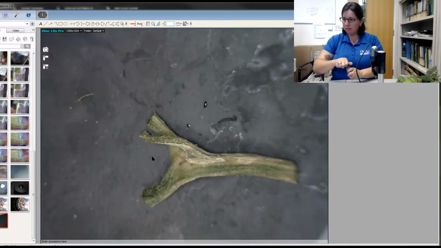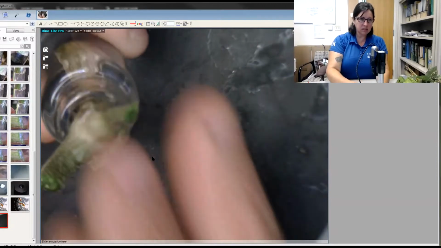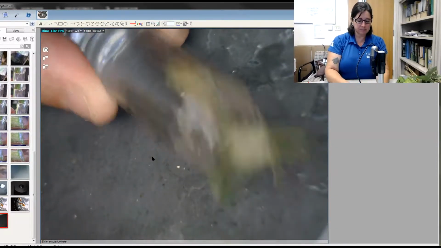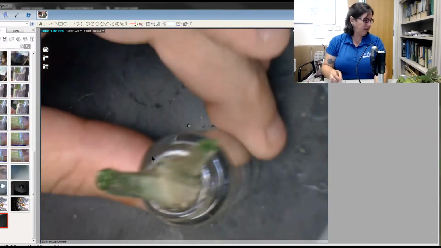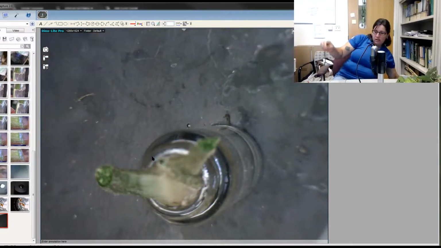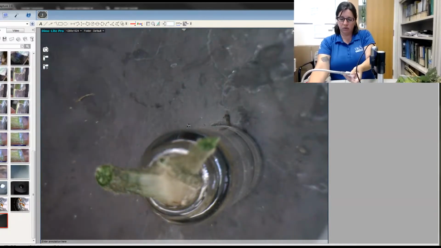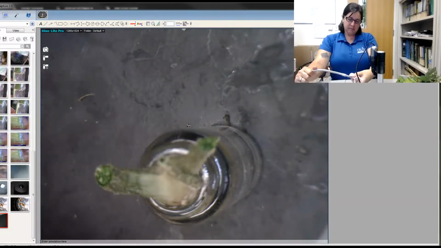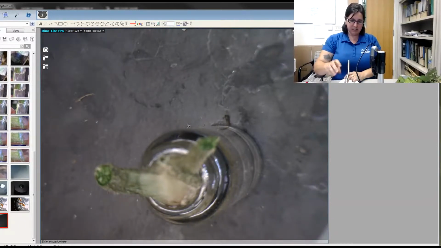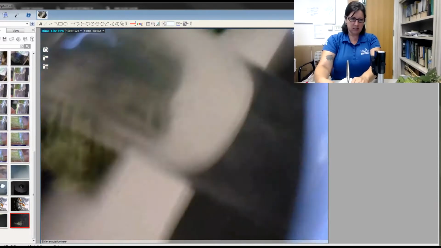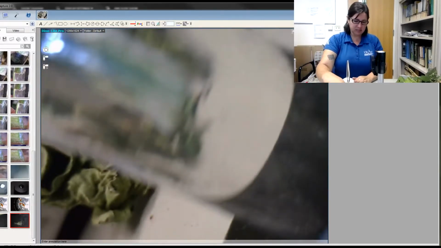I'm going to put my sample, and see, it's kind of like hooked right there. All right, and this is what is going to be hard for you. I am switching to a different stand for my dino light so I can get it from the side.